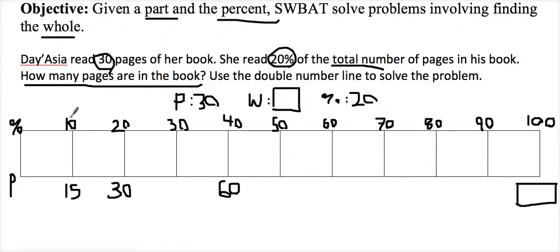And you could have said, okay, 10%, there are 10 tens in 100, so there's going to be 10 of these in this, 10 times 15. Or you could have kept on counting, 30, 60, 60% would have been 90, 80%, 120. Either way, you would have ended up with 150 total pages. So 150 pages.